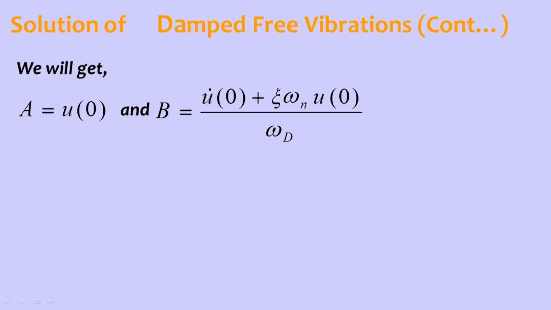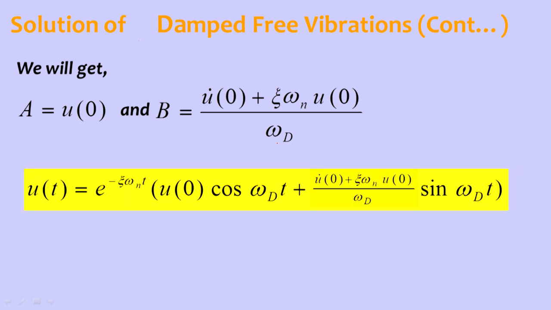So that means a is a constant which is equal to the initial condition for displacement, and if we substitute u dot, then we get the constant b, which is equal to u dot 0 plus zeta omega n u0 divided by omega d. Omega d is the damped natural frequency.